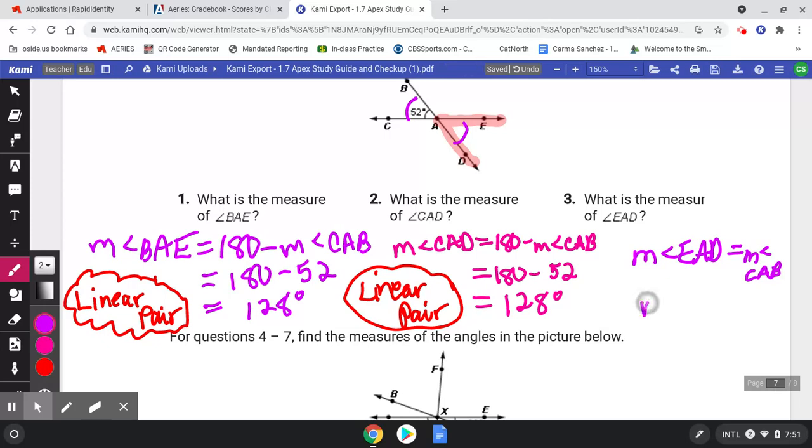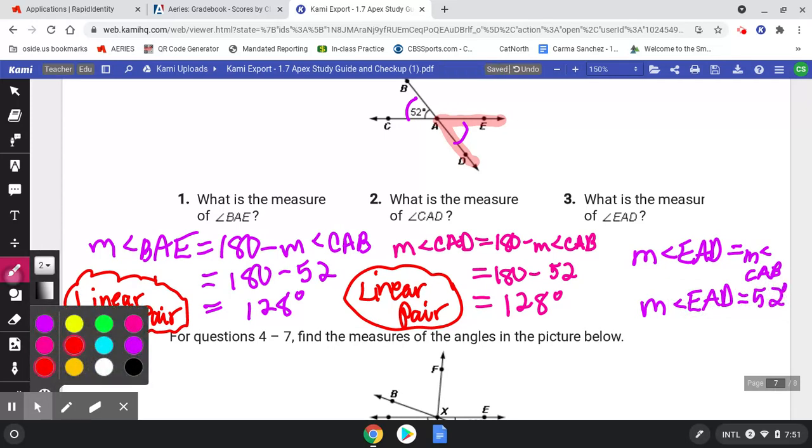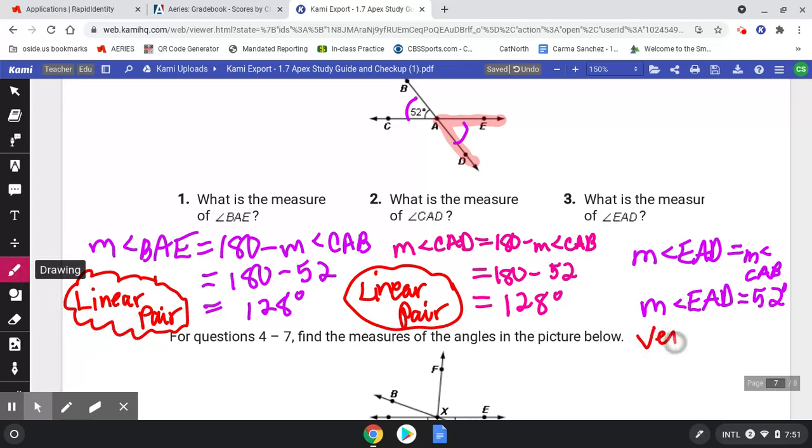So we would say our final answer is the measure of angle EAD is 52 degrees. Don't forget the little degrees symbol. And then we put our reasoning as vertical angles are equal.